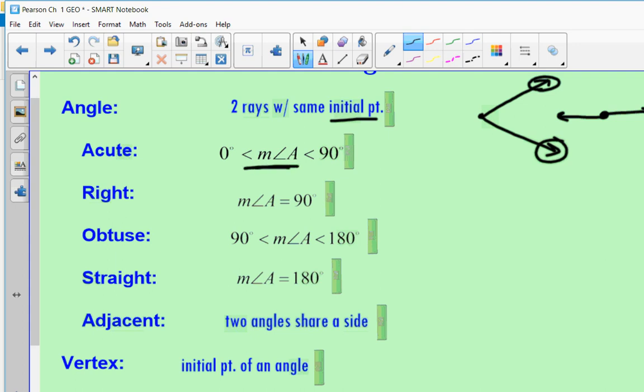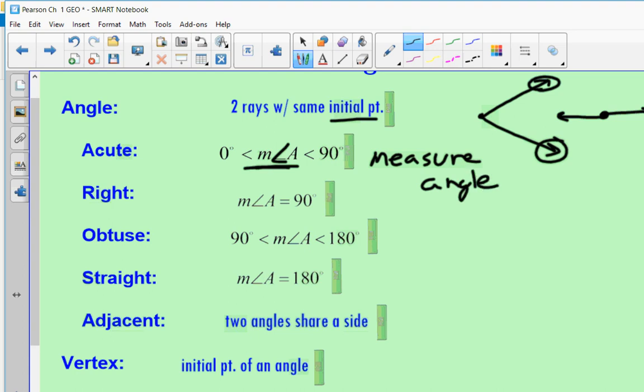So let me go back and talk about how an angle is labeled. The letter M stands for the word measure. In this case, the measure of an angle is in degrees. And this symbol right here represents the word angle. So measure, angle. Then I've got to tell you which angle.